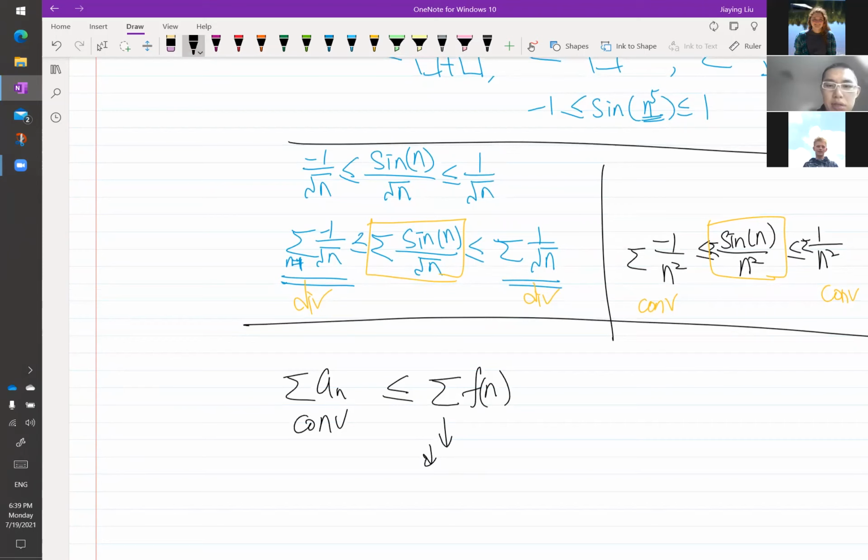Meant the other way, like if an was greater than f of n. Correct. If it's the other way, then if the bigger one is convergent, the smaller one has to be convergent. Okay, thank you.